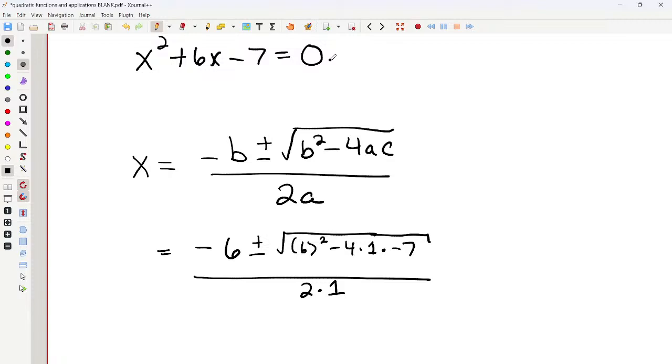So I'll start with plus square root of 6 squared minus 4 times 1 times negative 7, all divided by 2 times 1. And just like that, I don't have to go crazy. I like this calculator because it can handle exactly what's on your paper. The calculator you have might not. Happy to look at it after class, but this one will.